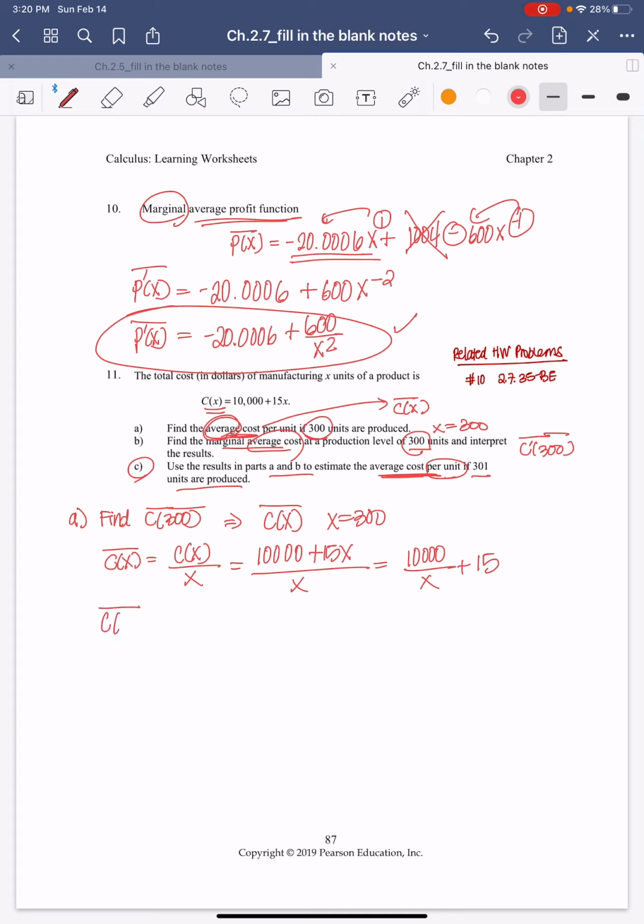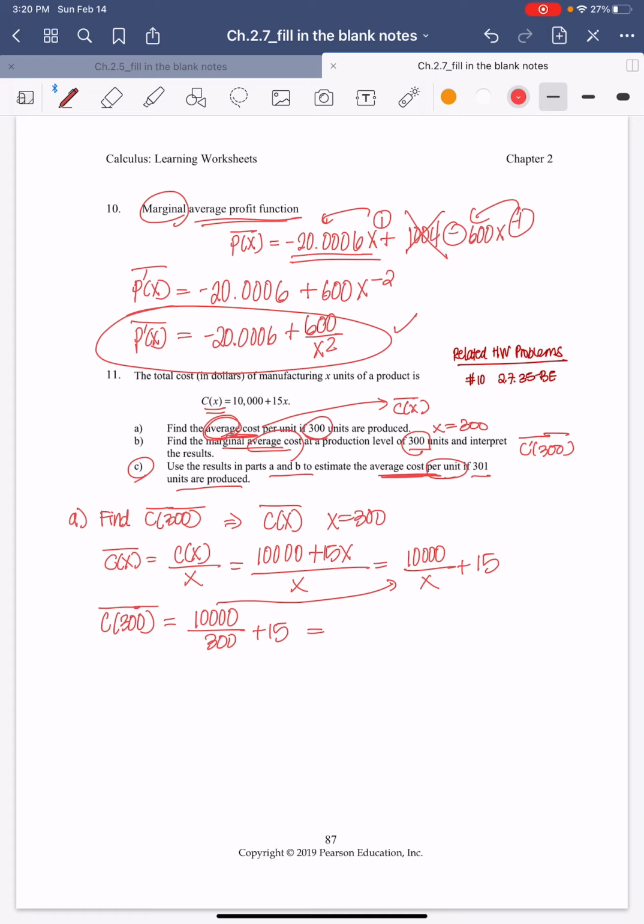Plug in 300. So 10,000 divided by 300 plus 15.